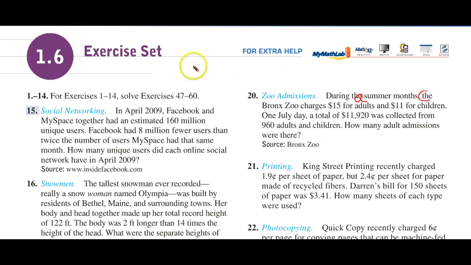And your first equation would be the number of adults plus the number of children equals 960. And the cost of an adult ticket was $15 times the number of adults plus $11 times the number of children, and that will equal your income, and there are your two equations.